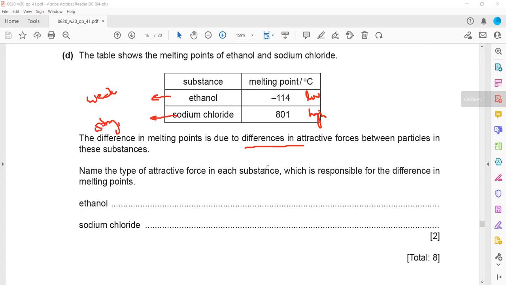Name the type of attractive force in each substance which is responsible for the difference in the melting point. For ethanol, there will be a force between the molecules, and for sodium chloride, there will be a force between the ions. So the type of attractive force will be called a weak intermolecular force between the molecules.